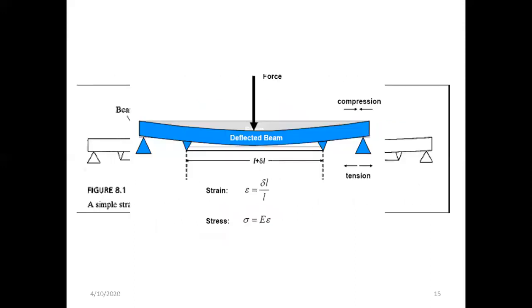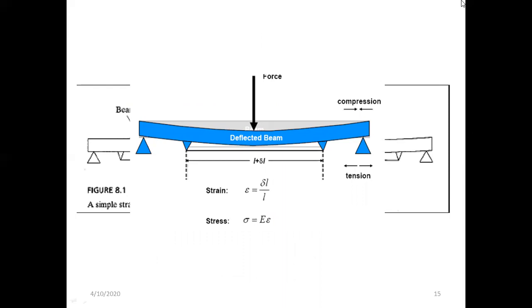So to understand the function of a strain gauge, consider the measurement of strain in a simple structure, a beam. A force is applied at the center and the beam is deflected. Strain is a unitless quantity.